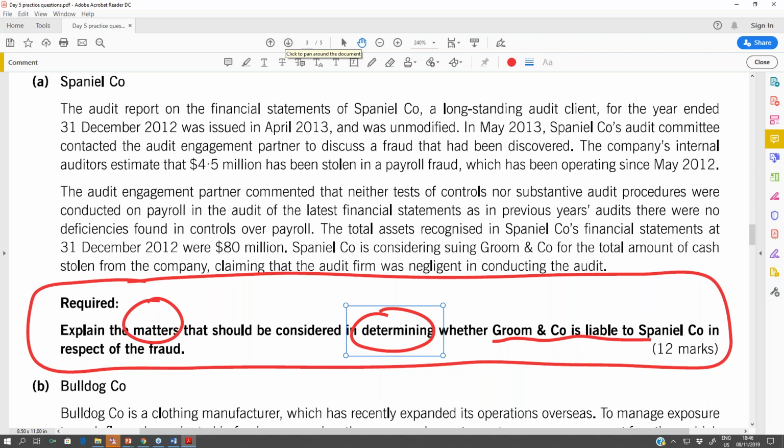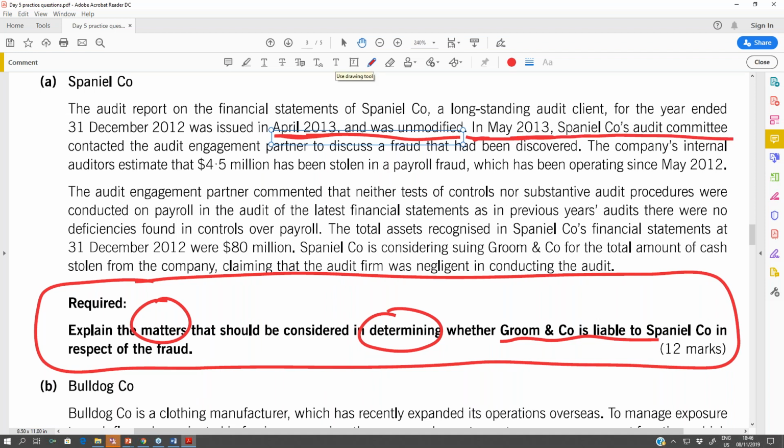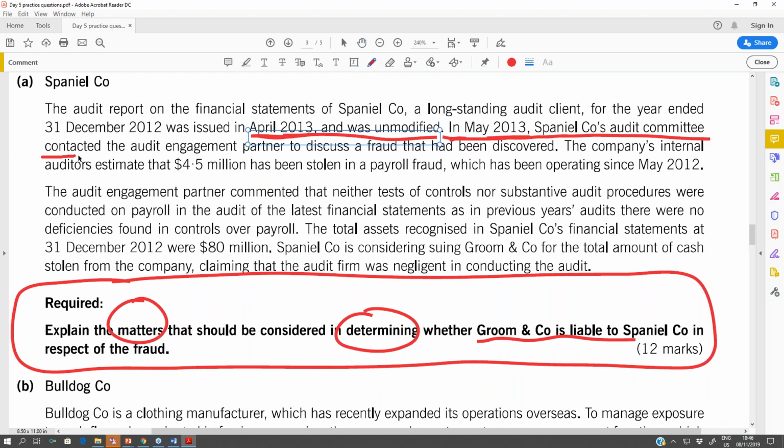So you issued an unmodified report to the client in April 2013. It was your long-standing client, right? In May 2013, Spaniel's Audit Committee contacted the audit engagement partner to discuss a fraud that has been discovered. So after the report was issued, in May 13, the audit committee contacted the partner about a fraud which was discovered.